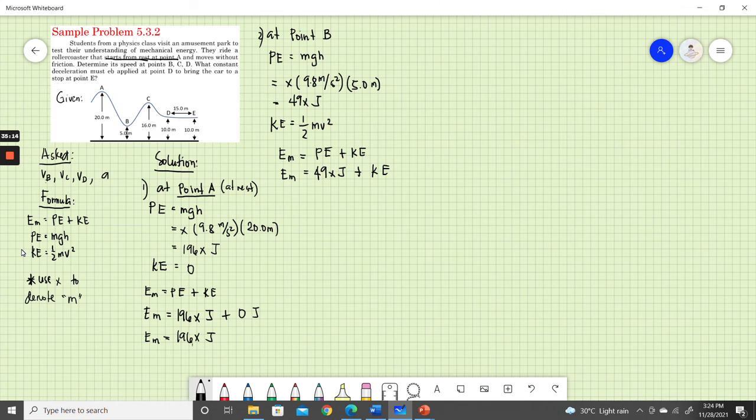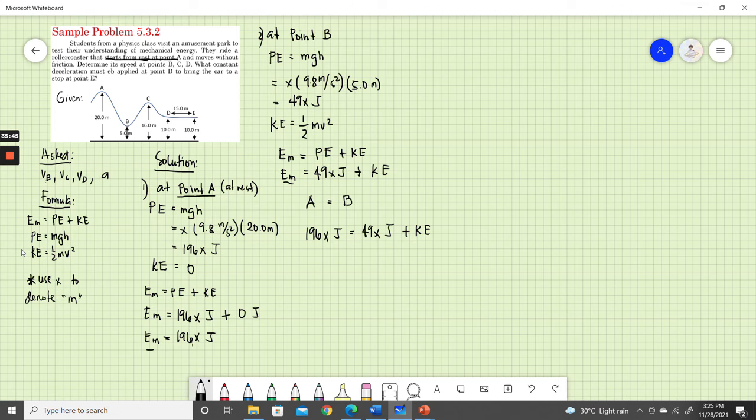Therefore, we can equate these two because they're both equal to EM. The total energy at A should be equal to the total energy at B, and therefore 196x joules should be equal to 49x joules plus KE.